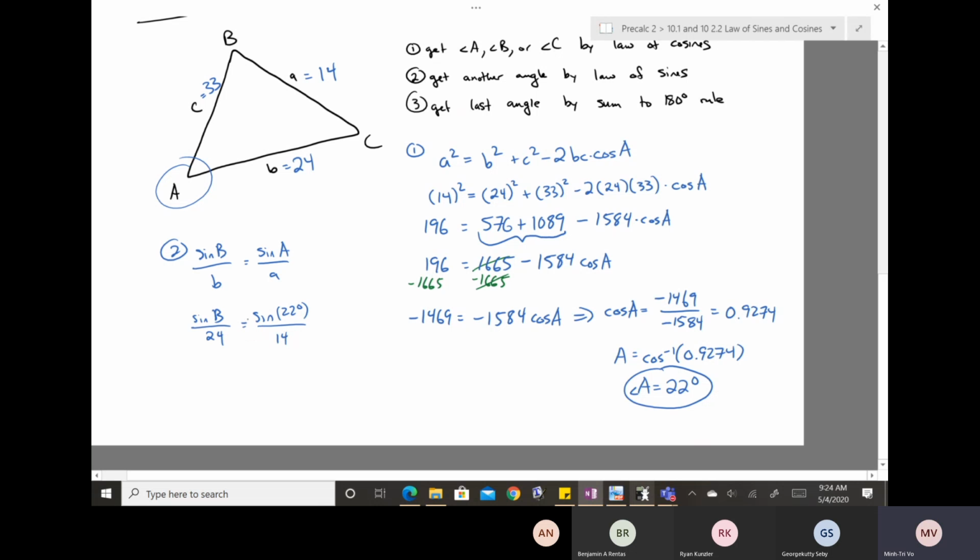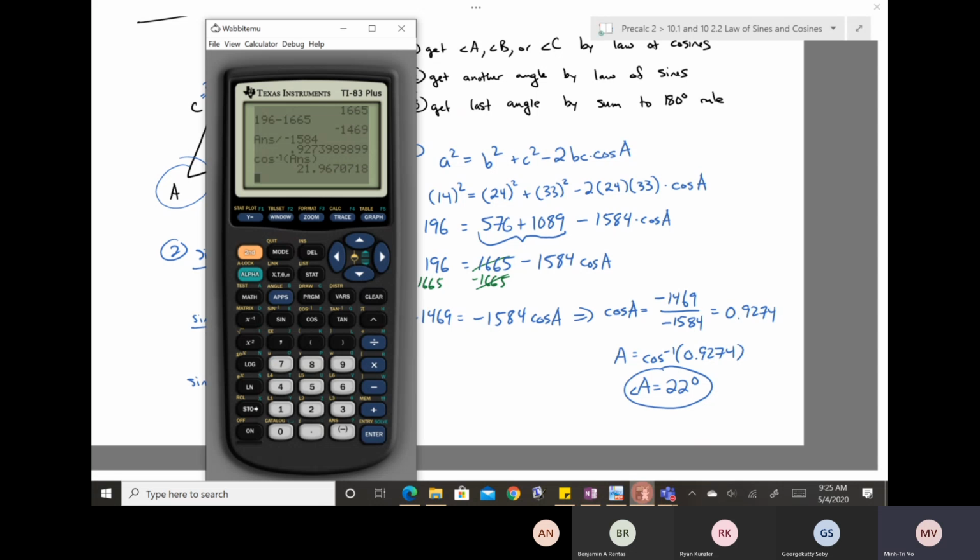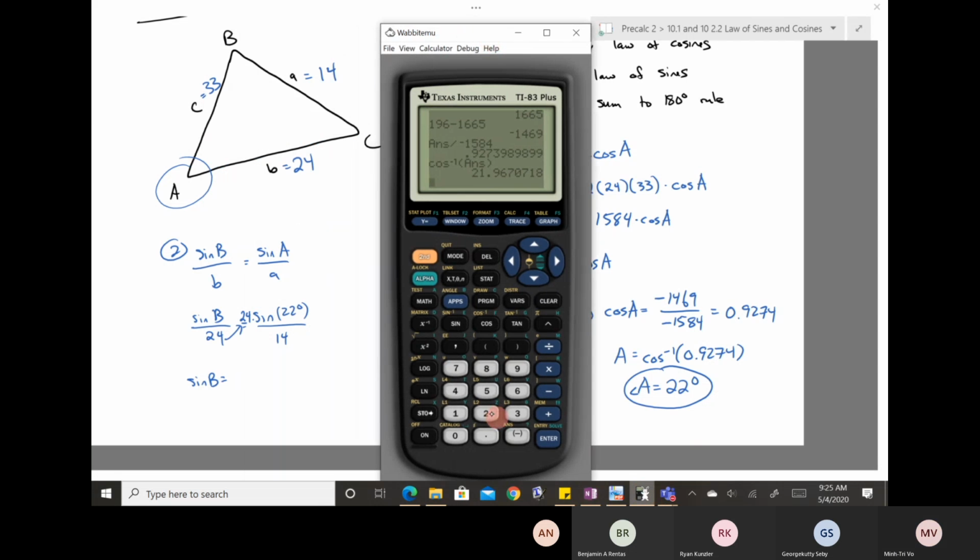So again, I multiply by 24. So that means that sine B is equal to 24 times sine, and again, I'm going to avoid rounding error by not using 22, but the previous calculation, divided by 14. So that's 0.6413.